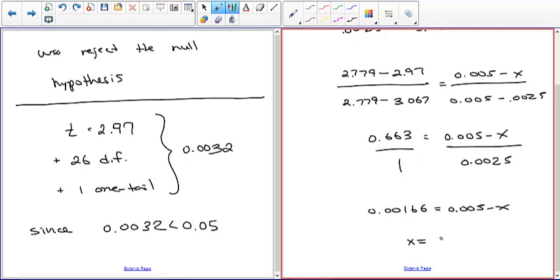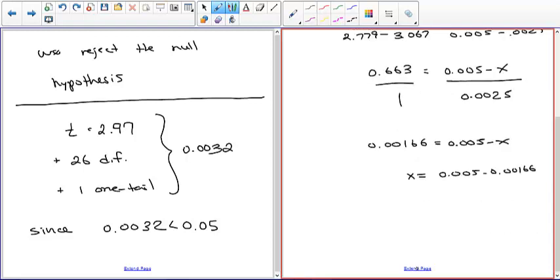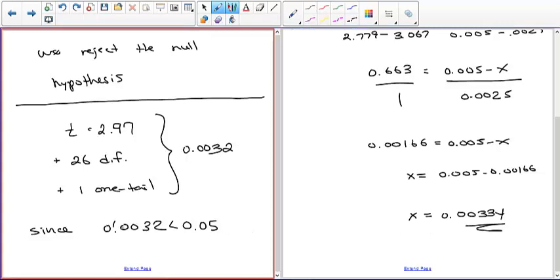So x is equal to 0.005 minus 0.00166, and you get 0.00334. Okay, so that's interpolating from the tables. This is using Excel. They're pretty close, 0.0033, 0.0032.